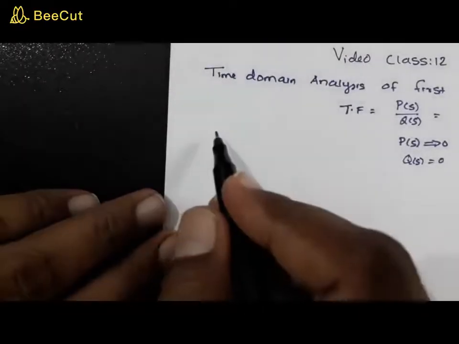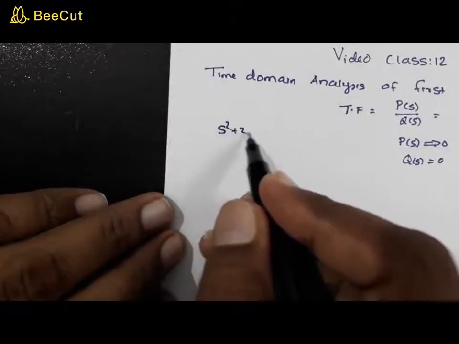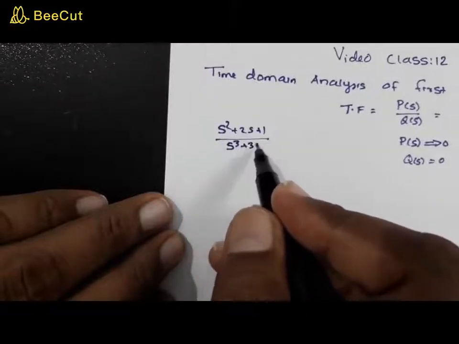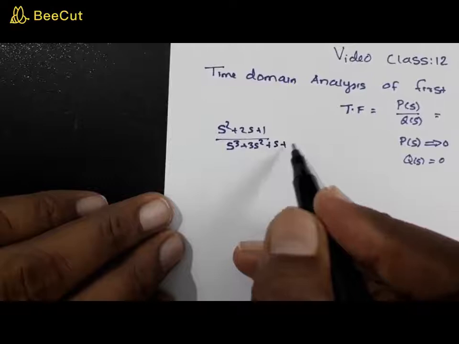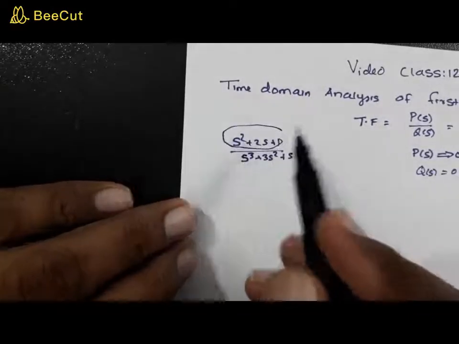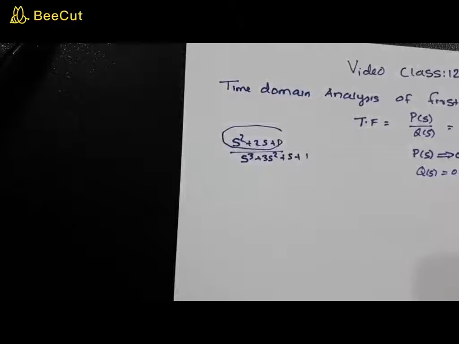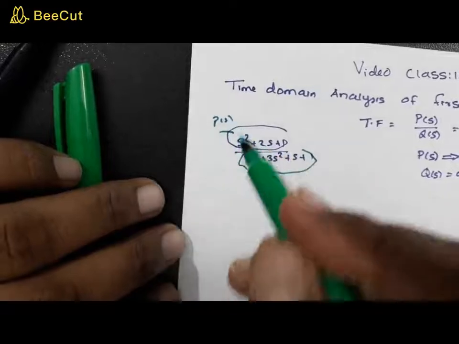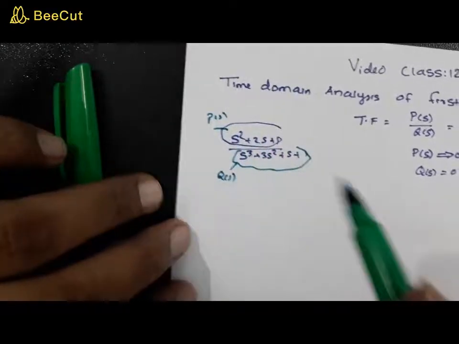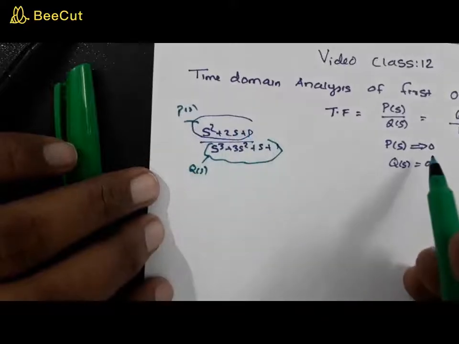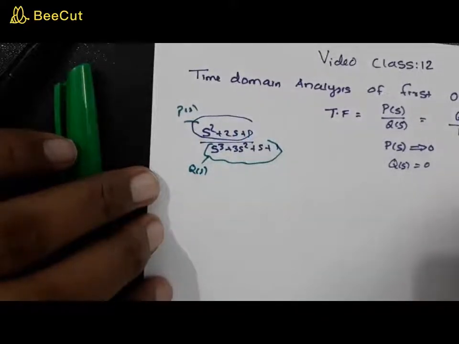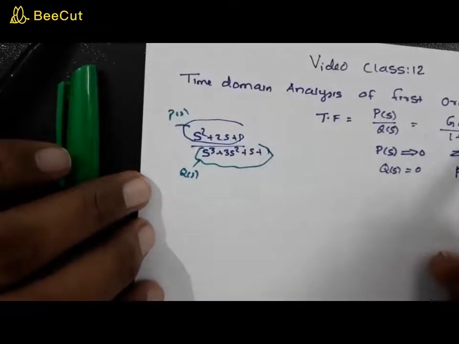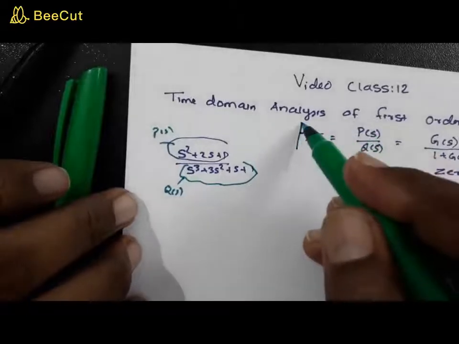Say for example, s square plus 2s plus 1 divided by s cube plus 3s square plus s plus 1. This is a polynomial, and this is another polynomial. This is your P(s), this is your Q(s). You can individually equate these polynomials to 0 to solve for the roots, and you call these roots zeros and poles.